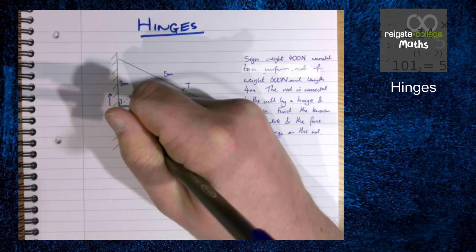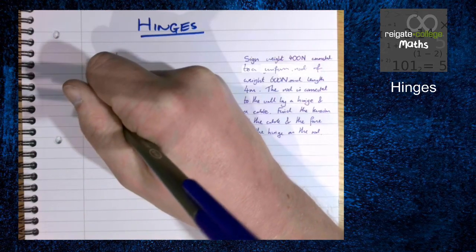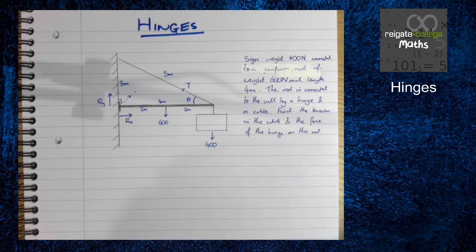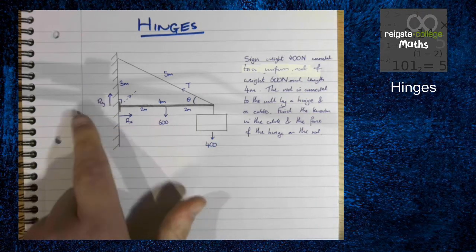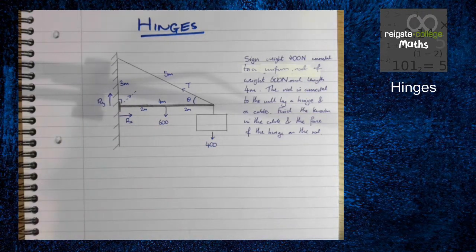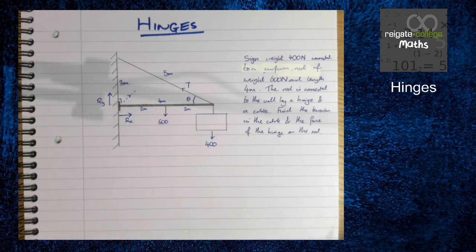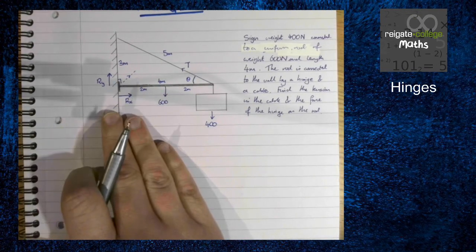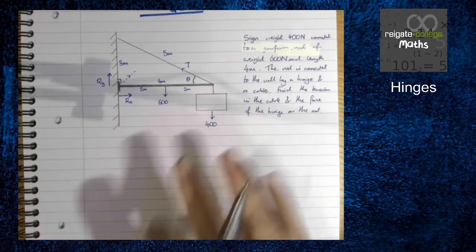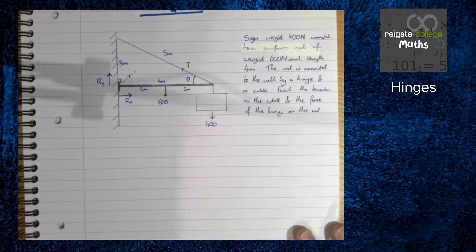So I'm going to call this Rx and Ry. You can give them whatever names you like, as long as it's clear that one's horizontal, one's vertical. You might want to call them RH and RV, or just X and Y. Anything's fine. Once you've got this idea, the questions work very similarly to the ladder type questions that we did in a previous video.